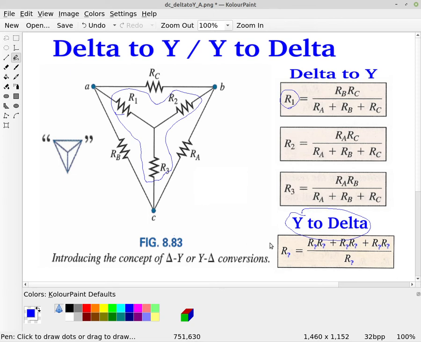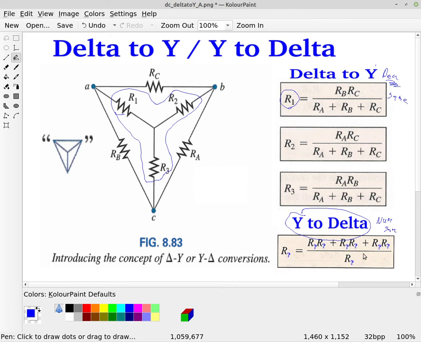If we're going to do any of them, it doesn't matter, the numerator doesn't change. Up here, delta to Y, the denominator stays the same. But if we're doing a Y to delta, and I didn't put them all on here, the numerator stays the same.